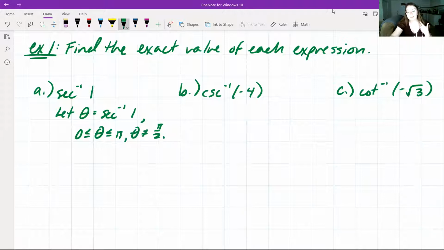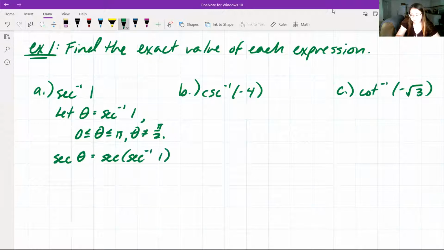Now that we have this, we want to find our theta value. We're going to take secant of both sides. This gives us secant theta is equal to secant of secant inverse of 1. Because secant, cosecant, and cotangent are just the reciprocals of our original trig functions, we can still use the same identities as before.